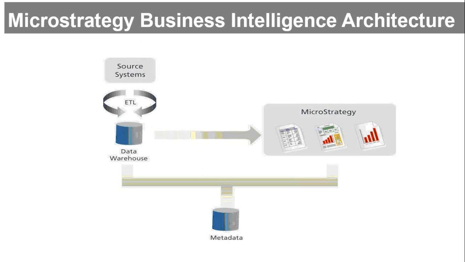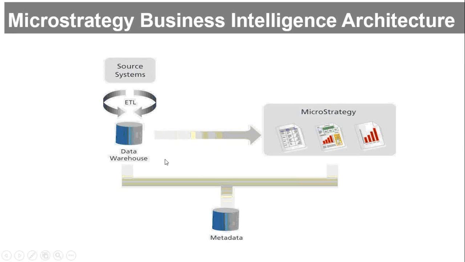We have to design the front-end environment in such a way that users can run their reports and analyze the data. The basic job of MicroStrategy is to create reports that help the business make decisions based on the data they analyze, or whatever data is displayed in the required format in their dashboard or report. We will come back to MicroStrategy over here.